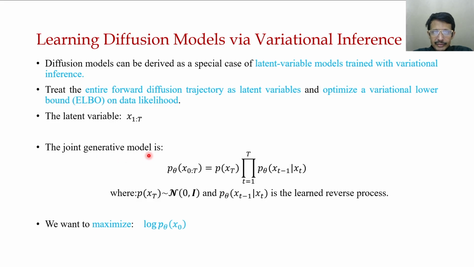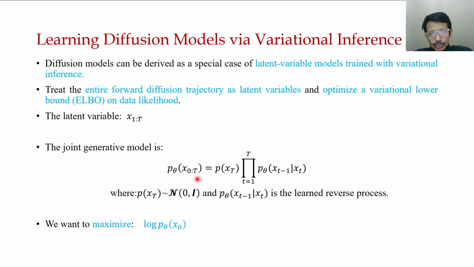The joint generative model is p theta of x 0 to T, that is p of x T, and we start from here and put this product of p theta of x t minus 1 given x t, where p of x T is a pure Gaussian noise and p theta of x t minus 1 given x t is the learned reverse process.